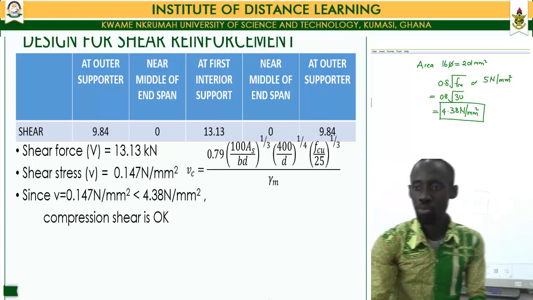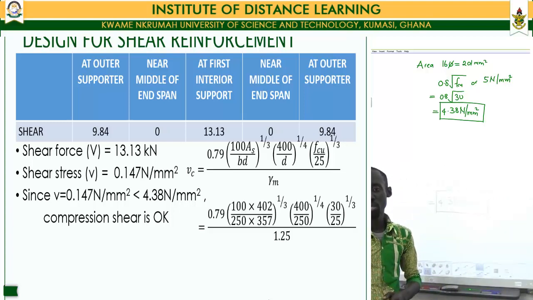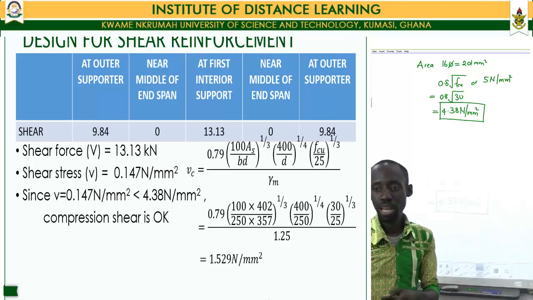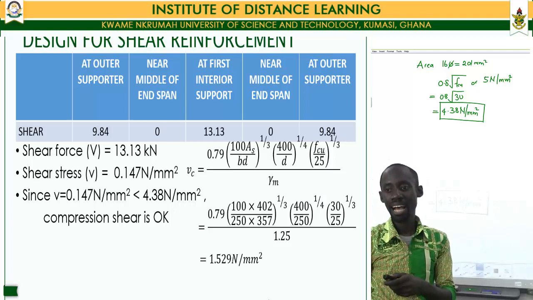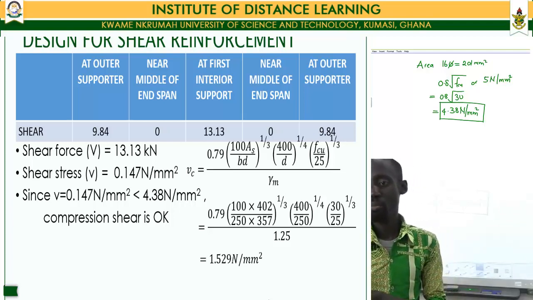So then we move ahead and we substitute the values into the formula. Now, having substituted the various values into the formula for our shear capacity, we come to realize that our beam section has a shear capacity of 1.52 newtons per millimeter squared.